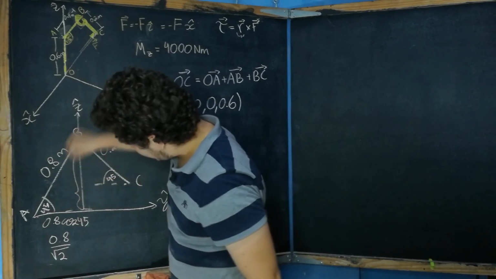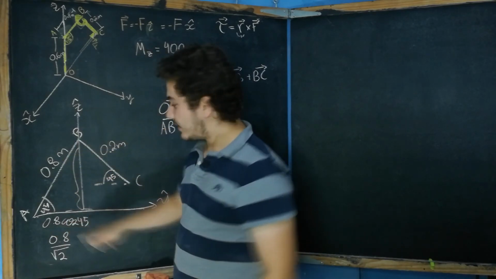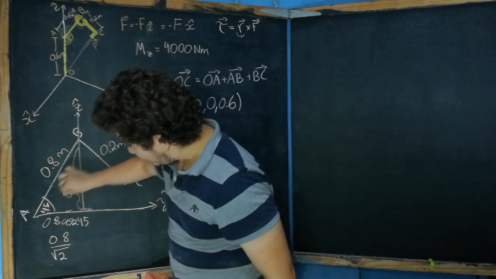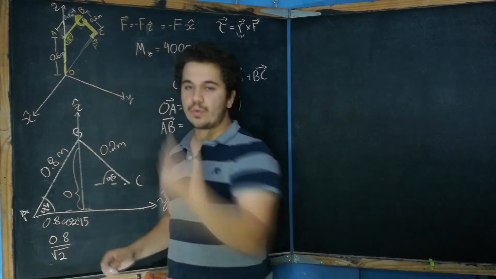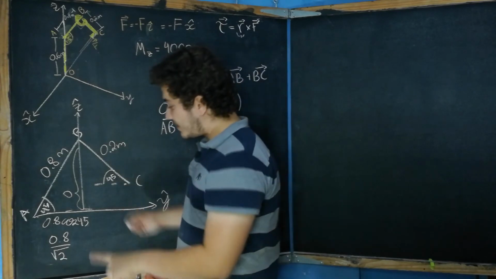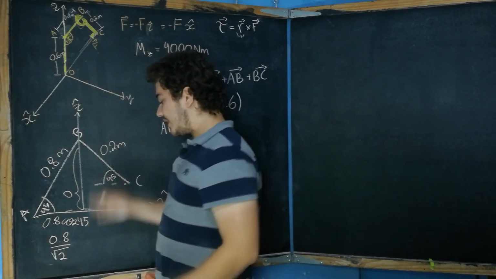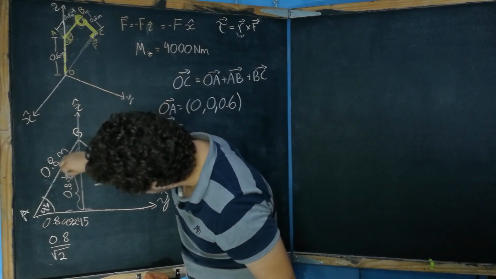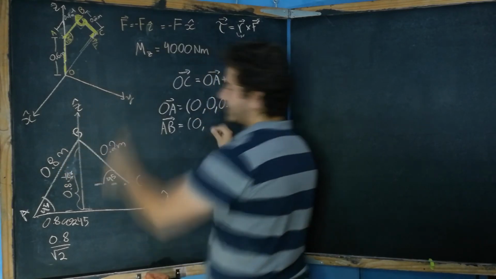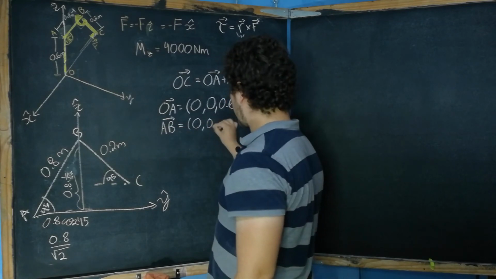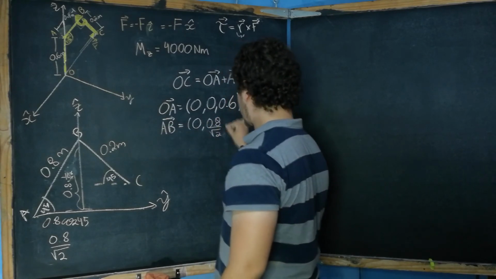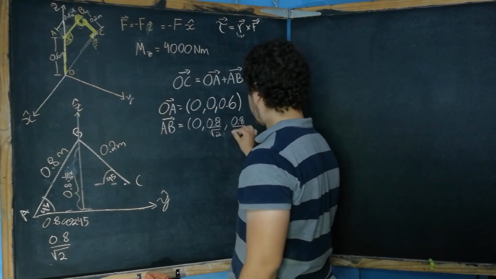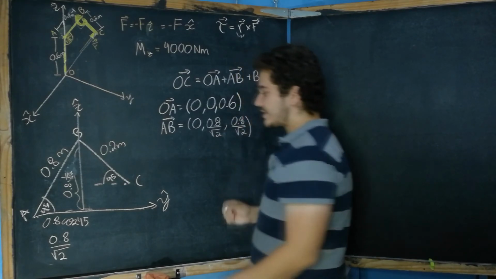This other component is the opposite side, so instead of a cosine we put a sine, but sine of 45 is equal to cosine of 45, so again 0.8 divided by the square root of 2. So we have 0 in the x direction, 0.8 divided by the square root of 2 in the y direction, and 0.8 divided by the square root of 2 in the z direction.